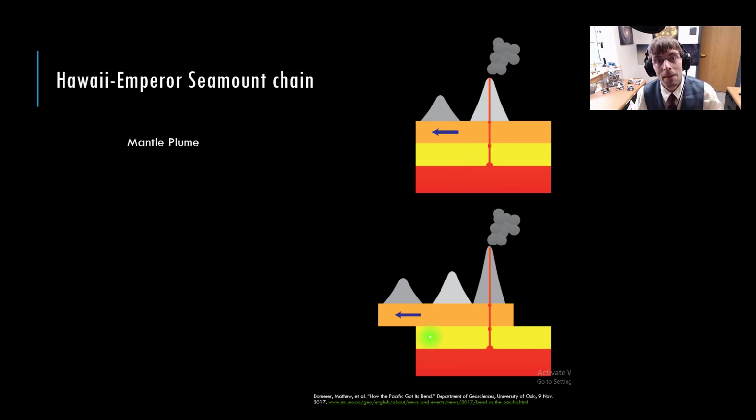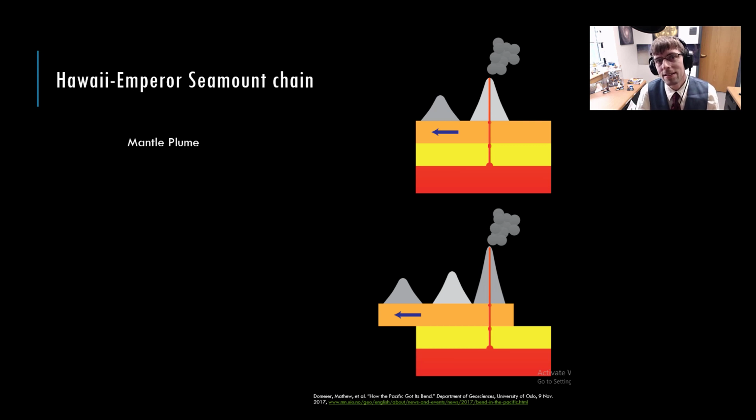And so what happens is that mountain peak is no longer an active volcano. It has gone dormant. It has gone extinct. Okay. But what else has happened is that a new location is over the mantle plume. And so a new mountain now forms, a new volcano.